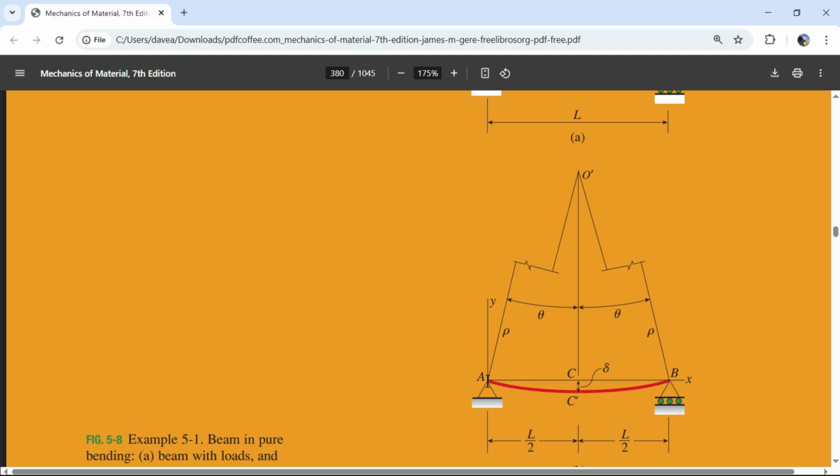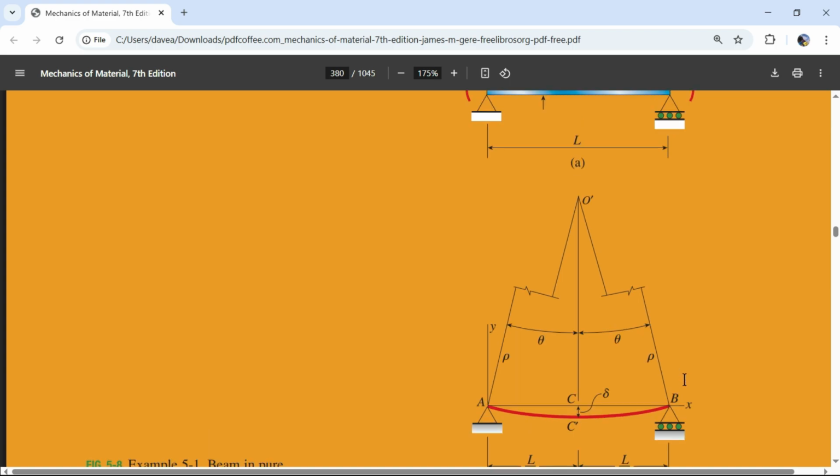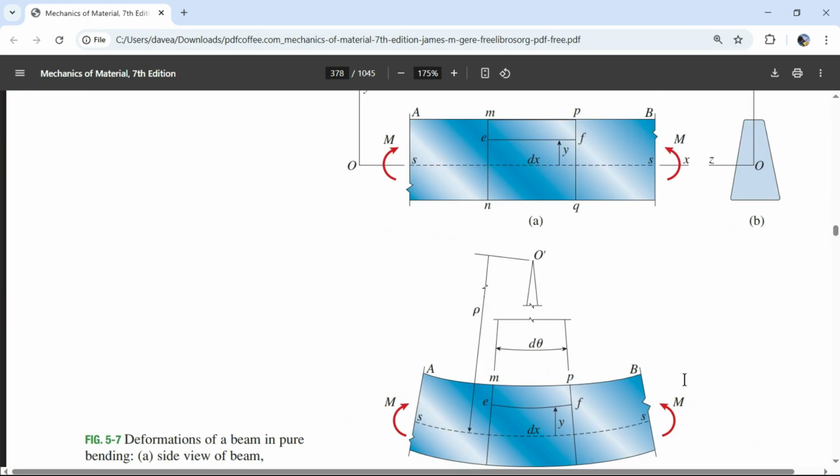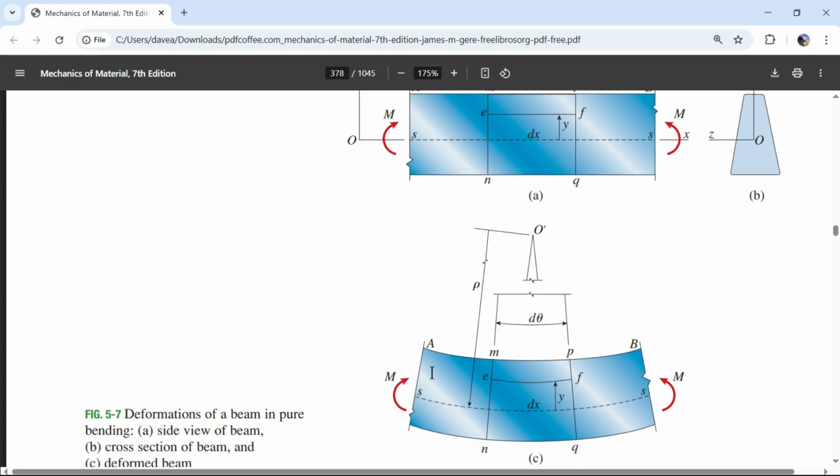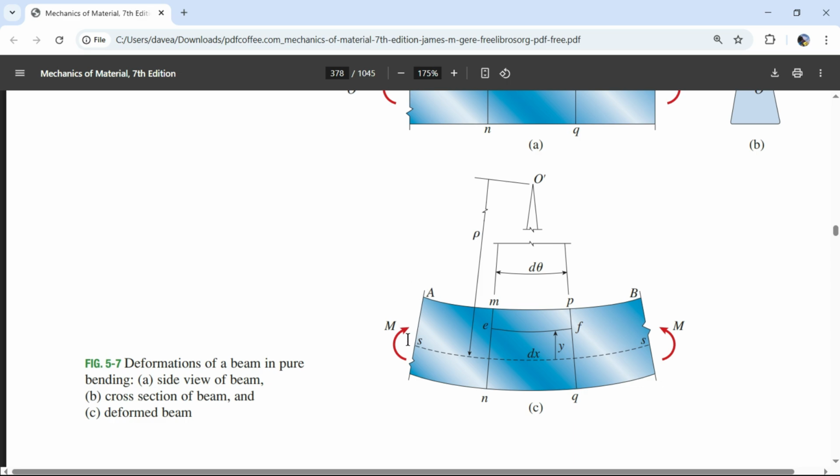Maybe they do say the chord goes from the center of rotation at A and B. I don't know, but they already specified this is point A and B. But maybe for this example problem, they're choosing this as the point where deflection is taken. So they're drawing a chord from this neutral axis to right here, and they're saying that this distance is the deflection. Fair enough, which is slightly different than this chord.